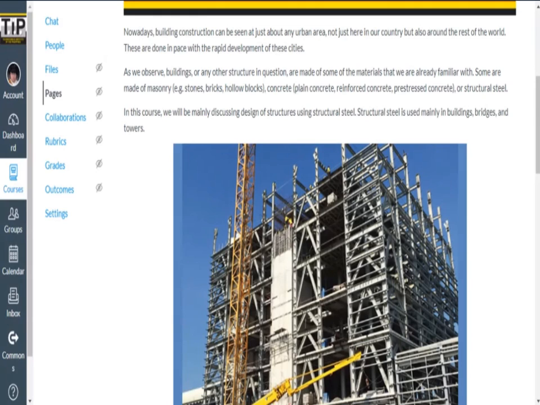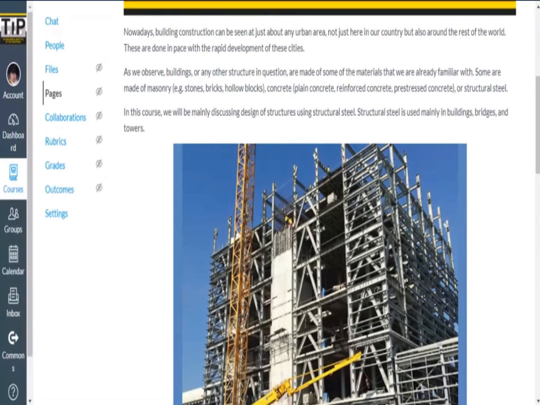Or you may also use pre-stressed concrete, especially for bridges and flyovers, or structural steel. So these are the common materials that we use, especially in the Philippines. So in this course, we will be mainly discussing design of structures using structural steel.